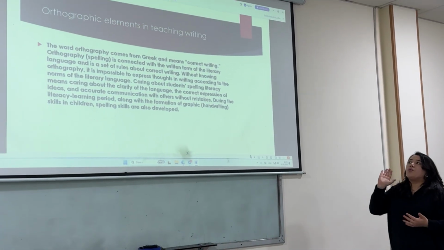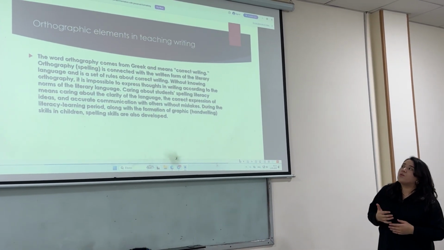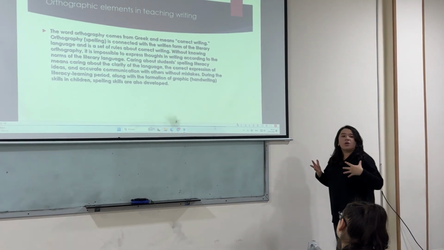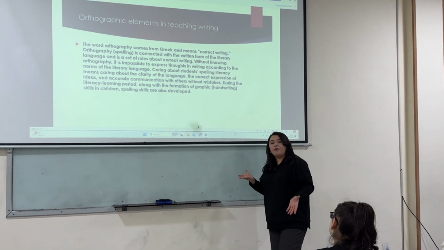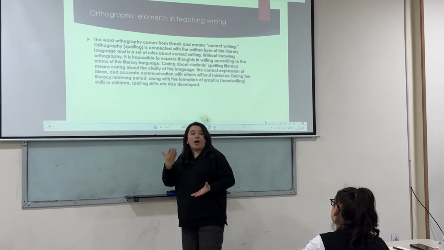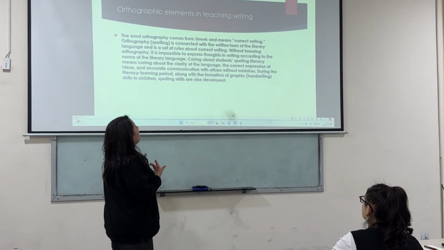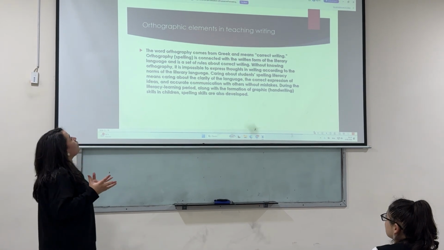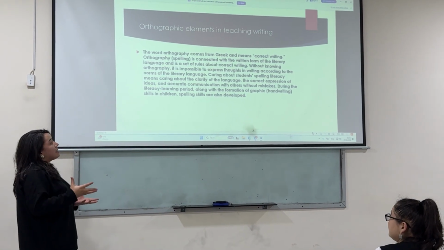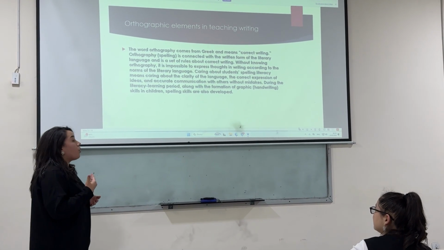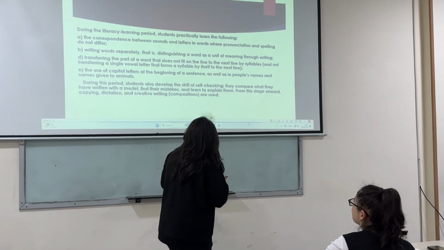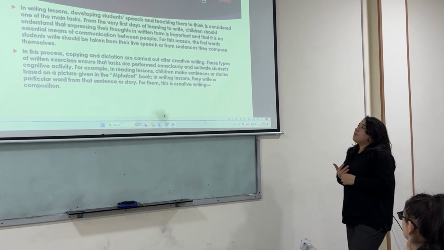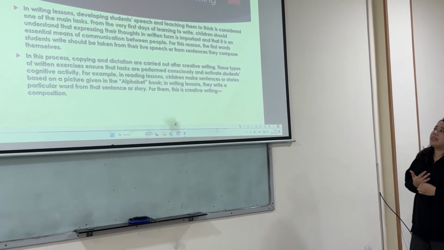And now we will learn about orthographic elements in teaching writing. What does orthography mean? Orthography is literacy language, and it's a set of rules about correct writing. Now, developing student speech in writing lessons.